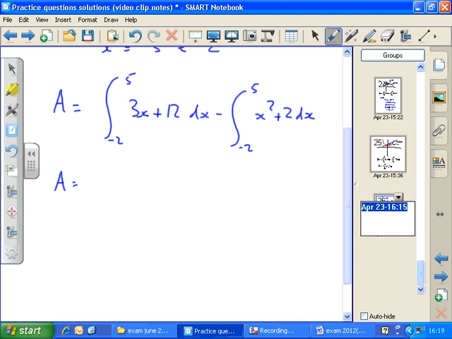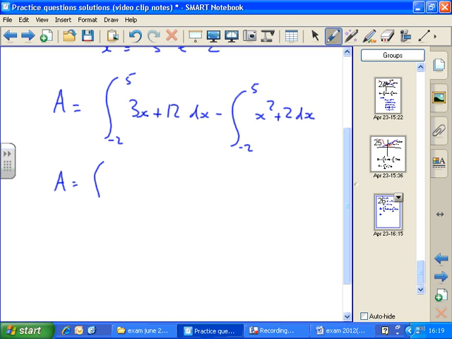So actually, this turns out to be the integral between minus 2 and 5 of 3x plus 12 minus x squared minus 2 dx. Note that because this is minus this, I've got to minus this part and minus that part.